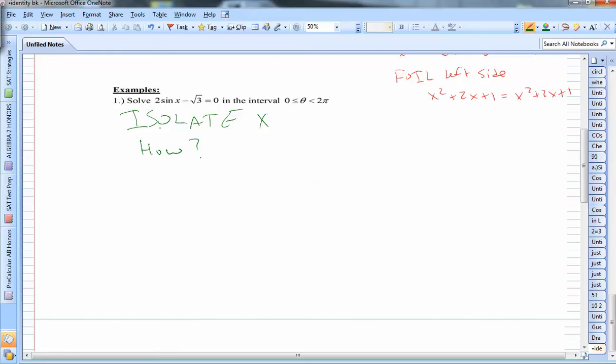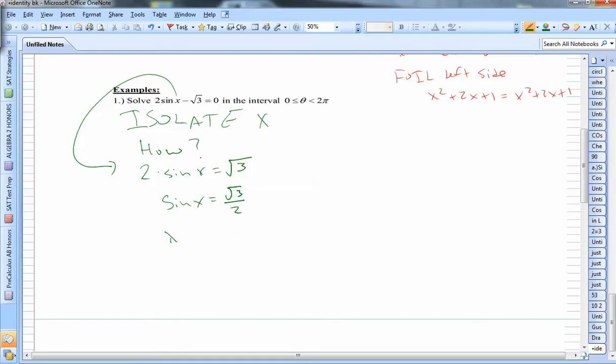Well, hopefully, if you said that we have to add root 3 to both sides, that's correct, because that's how we're slowly going to get x by itself on the left-hand side. If you said divide by 2, you're correct again, because again, we want to get rid of anything that's on the left side that's not x.